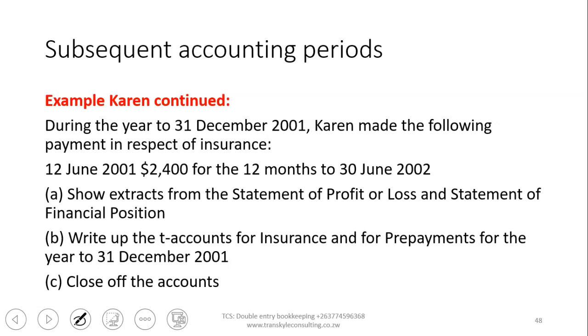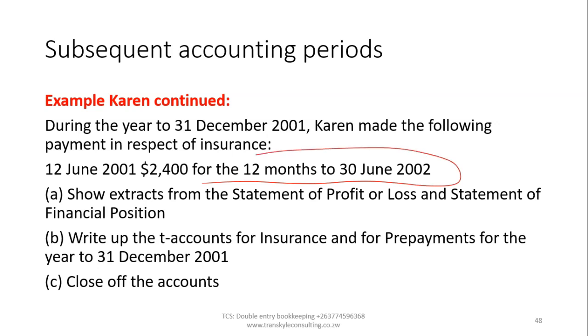Show the extracts from the statement of profit or loss, statement of financial position, and then write up the accounts for insurance and for the prepayment for the year to 31st December 2001, and then close off the account. You can see that this is just the same thing, okay? And we know that this amount went into another future accounting period, the 2002 figure.